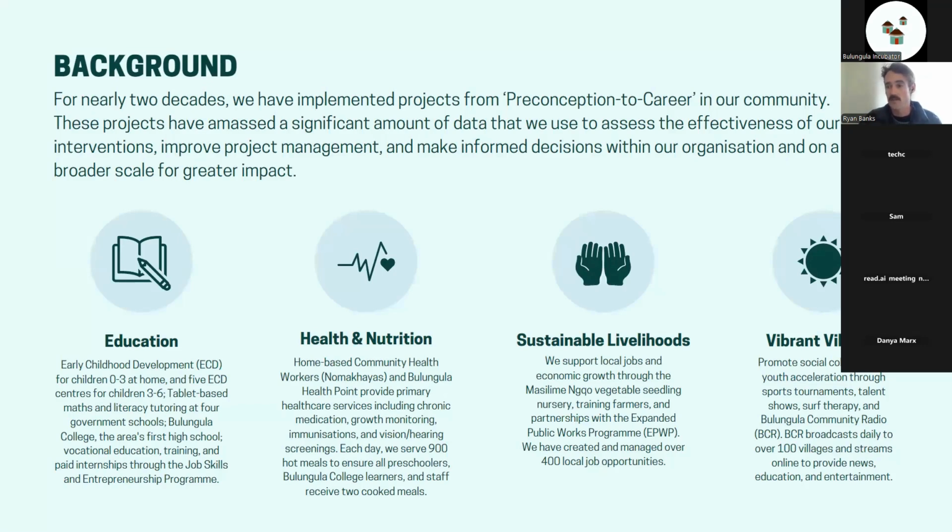And over the past few years, we've been developing a robust data management system to help us effectively use this data. That's allowed us to assess intervention effectiveness and manage project implementation. This has been an iterative process with us learning lessons from various implementations and taking those lessons forward.